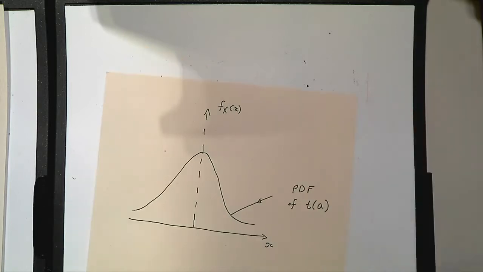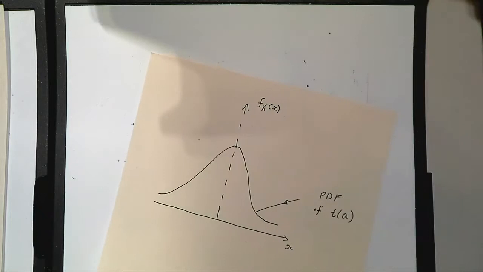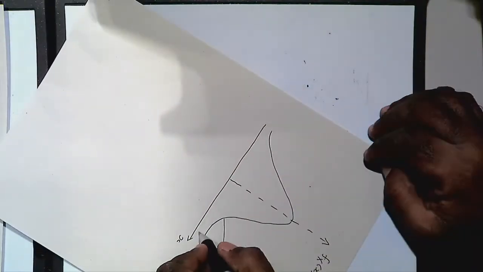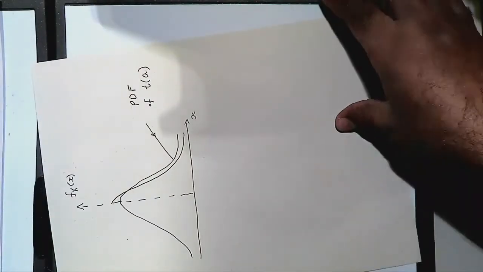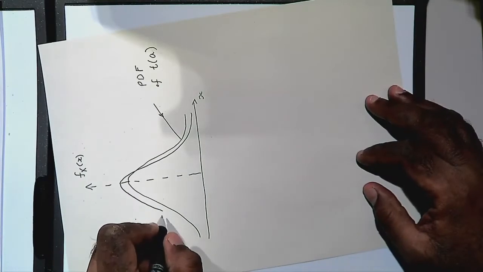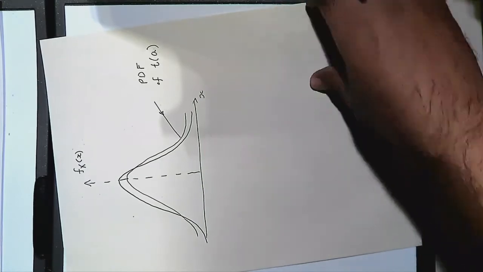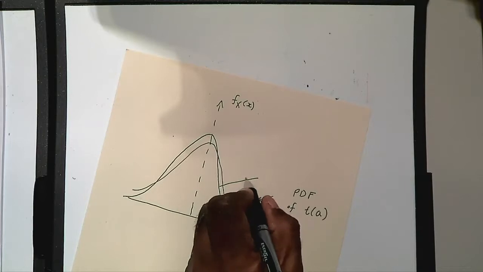This is the PDF of a t distribution. Now, on top of this, if you plot the PDF of a normal, it will look something like this. What I'm trying to do here, guys, is plot the two on top of each other.